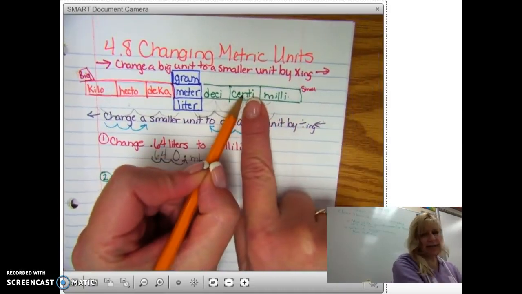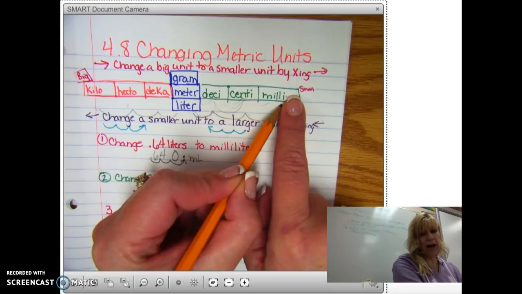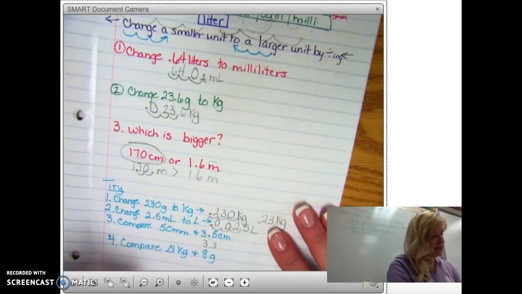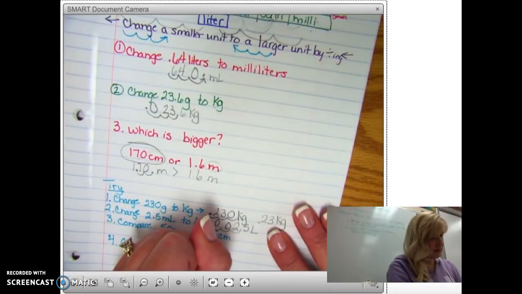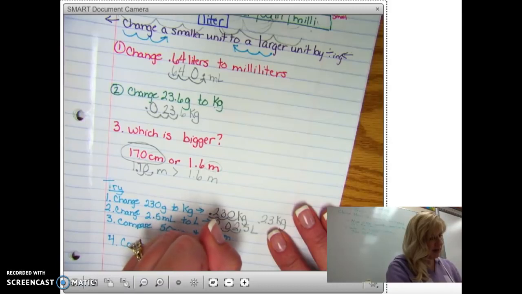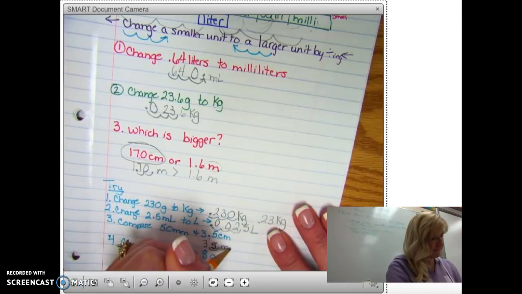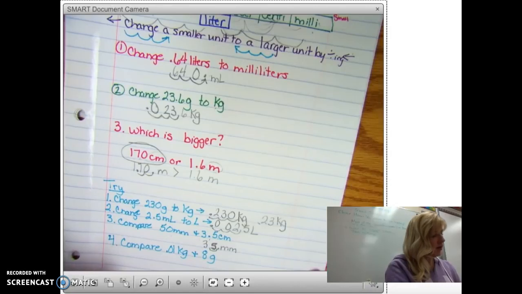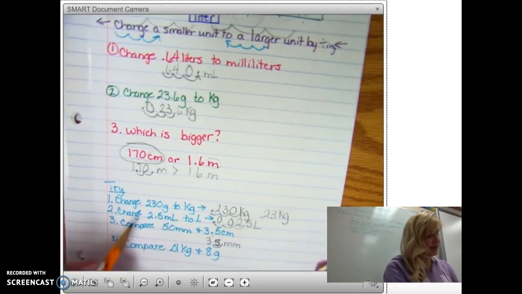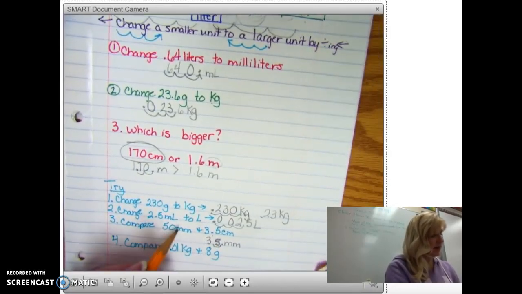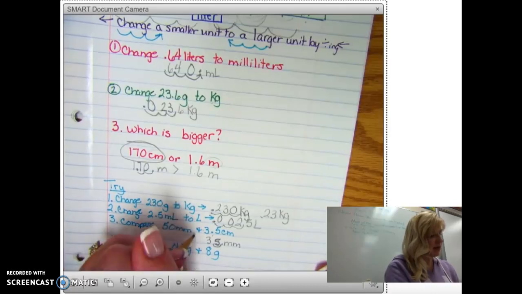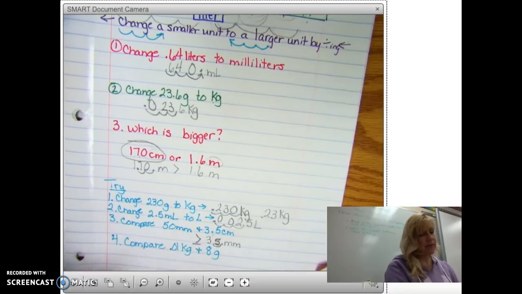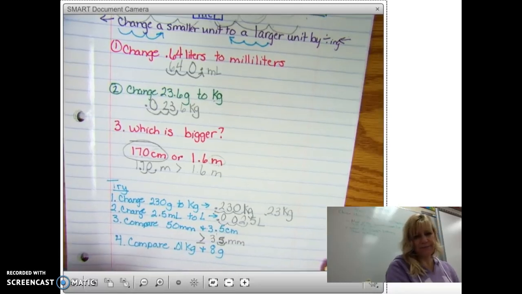So if I'm on centa, I'm just going to move to the right 1 space, and I am going to move it right here. So I can already see this is only 35 millimeters, this is 50 millimeters. So if I were to have to put a sign in, it would be pointing to the right.